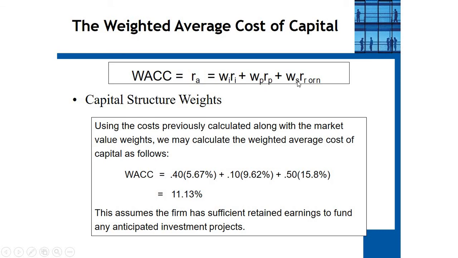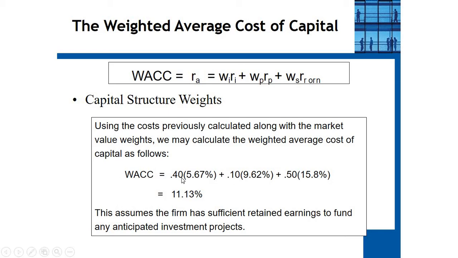And the final one is Ws into Rr or Rn. Ws indicates weight of the firm's equity. Rr, if we use Rr, that indicates cost of the firm's retained earnings. If we use Rn, that's cost of the firm's new equity or new common stock.